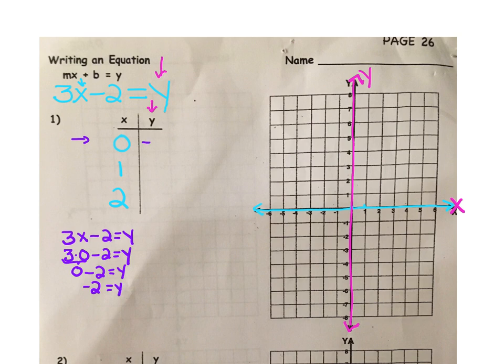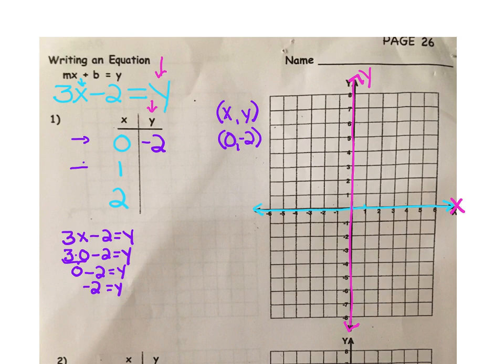So our first output value is negative 2. We're going to plot the point 0, negative 2. That ordered pair, that x, y ordered pair, is our first solution to this particular equation.